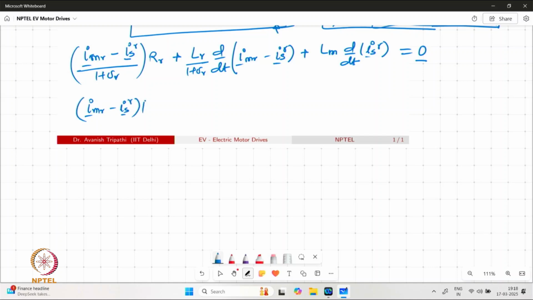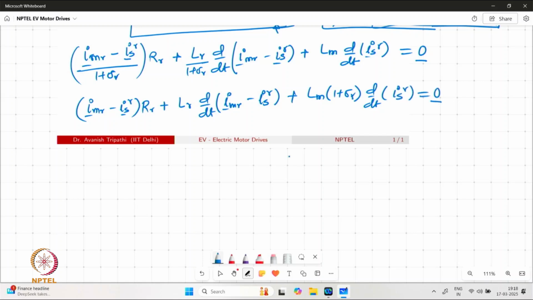Now step by step we can simplify this equation. We can first take out the denominator 1 plus sigma R from the whole equation, and it will result in this term 1 plus sigma R appearing in the last term of this equation. Now this Lm times 1 plus sigma R is basically Lr.